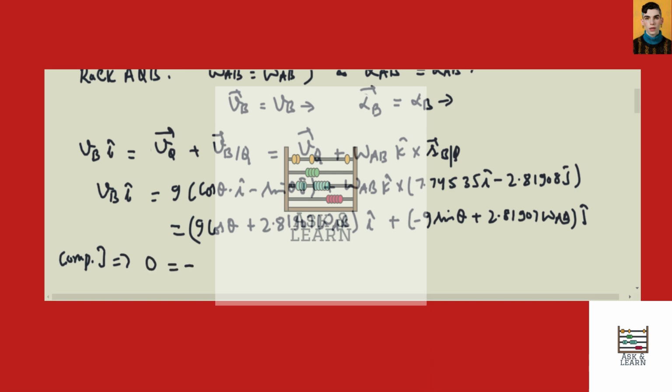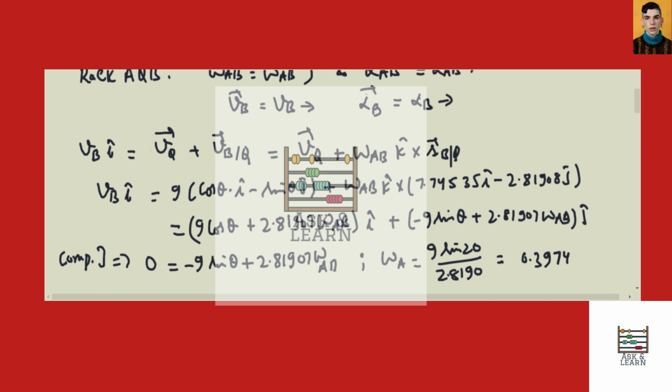So 0 is equal to, so from here omega AB is 9 sine of 20 upon, so on solving this value will be 0.39742 radian per second in anti-clockwise direction.